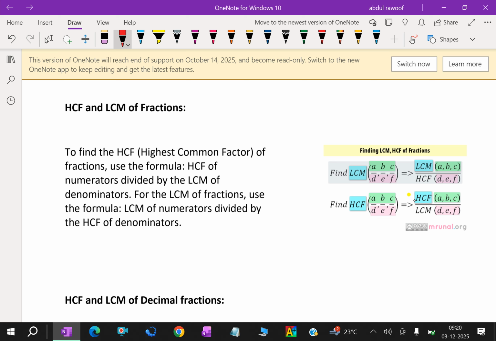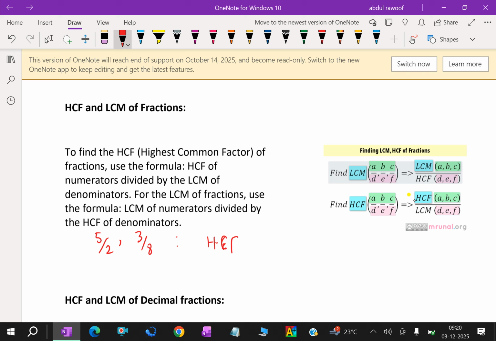Decimal fractions, take this one. Suppose the fractions are 5 by 2 and 3 by 8. You have to find the LCM of this fraction, HCF first.